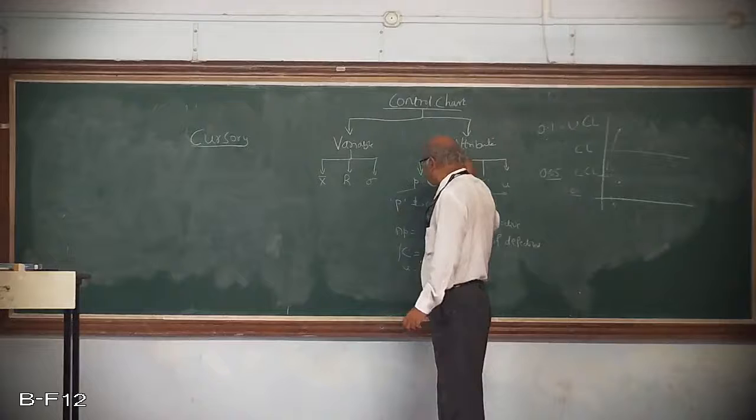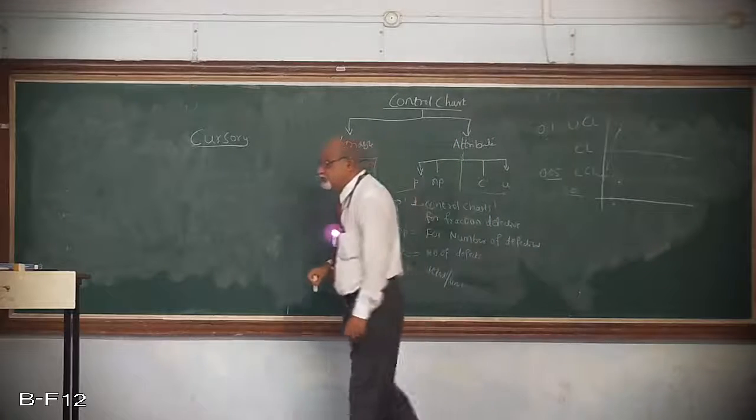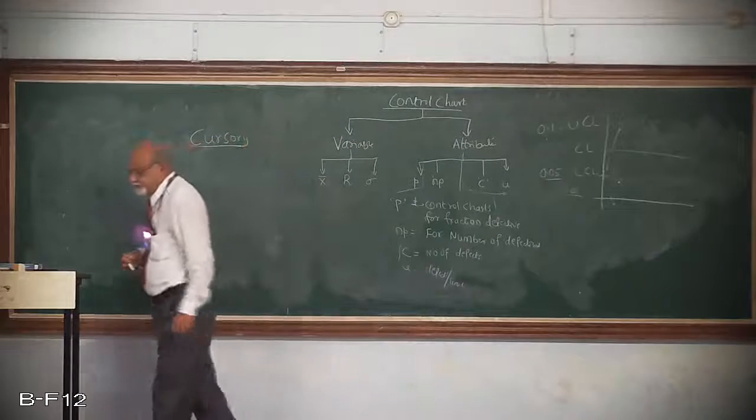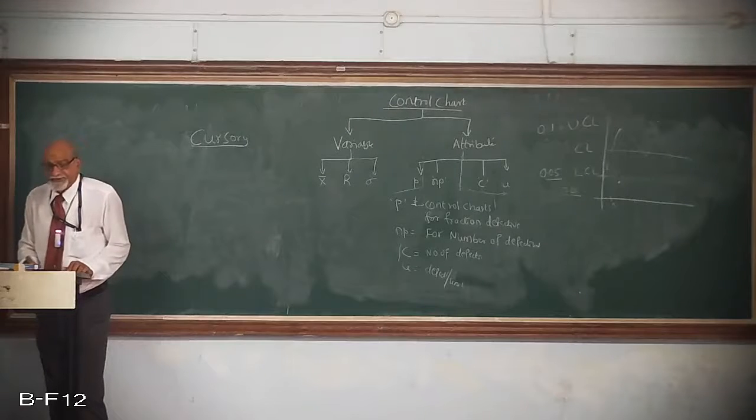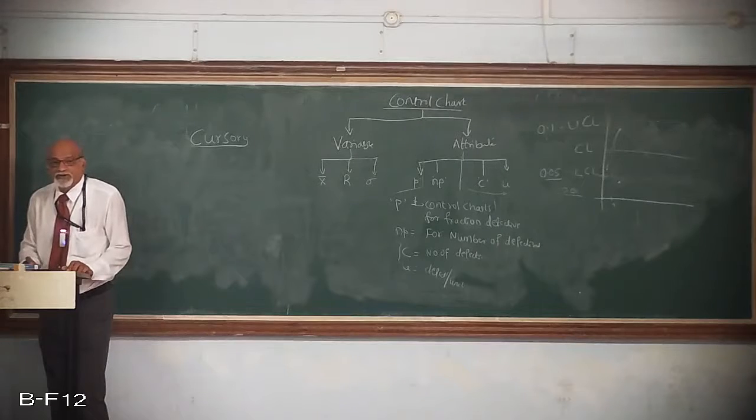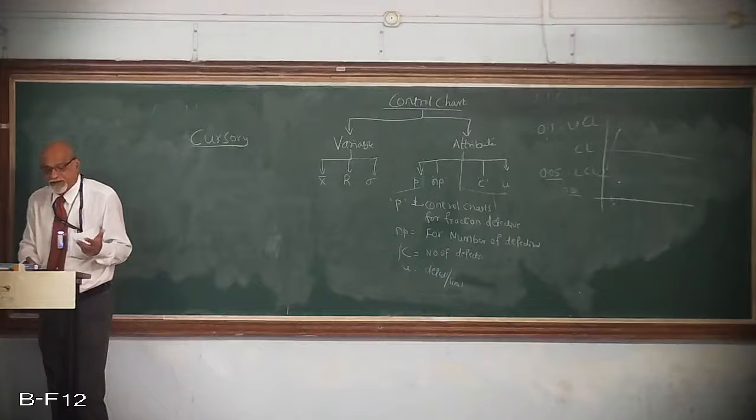Here also, in control charts for attributes, it is going to play a role. But when we say control chart for attributes, that means whether it conforms or it doesn't conform. Usually we do like that.